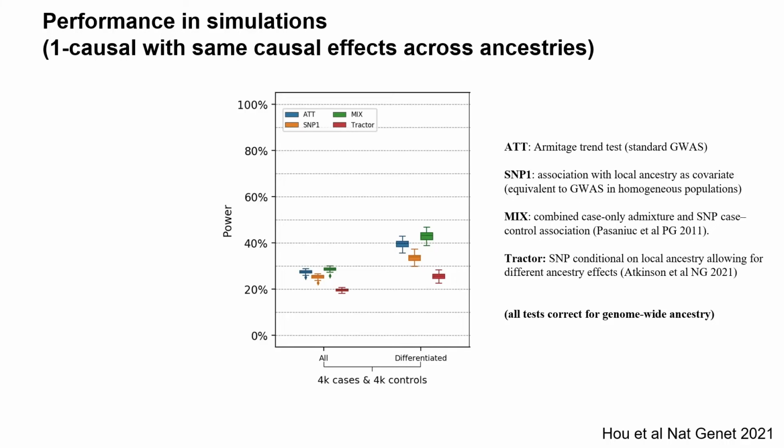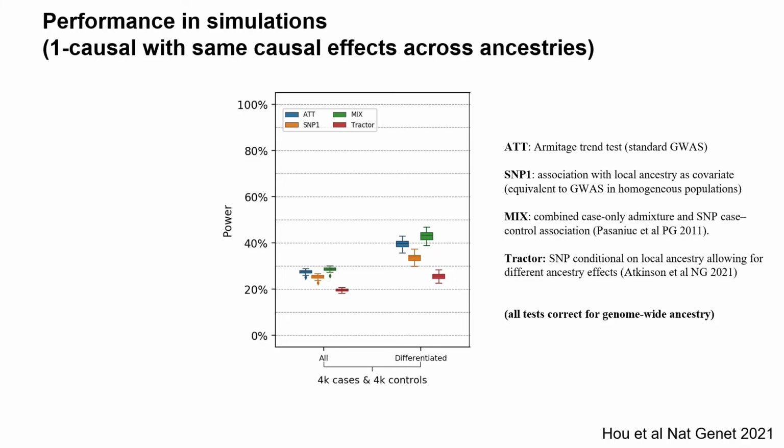I distinguish between, on the left side, what happens at a randomly picked variant in the genome, and on the right side, what happens at variants that happen to have different allele frequencies between the two populations, with the idea that those with allele frequency differences are somehow more biologically interesting to look at.